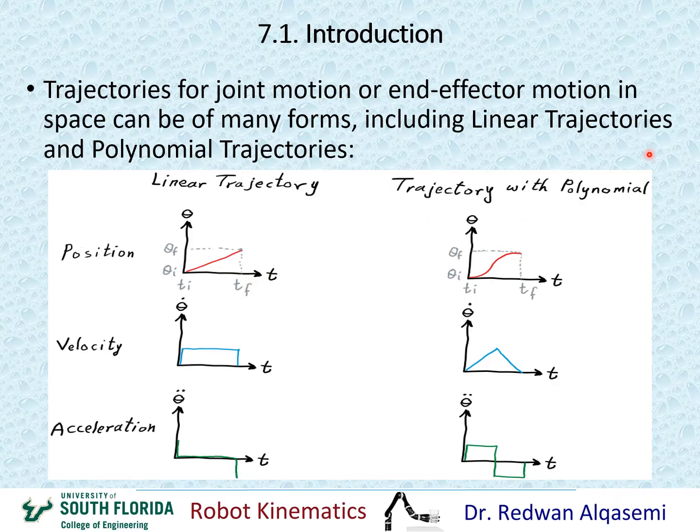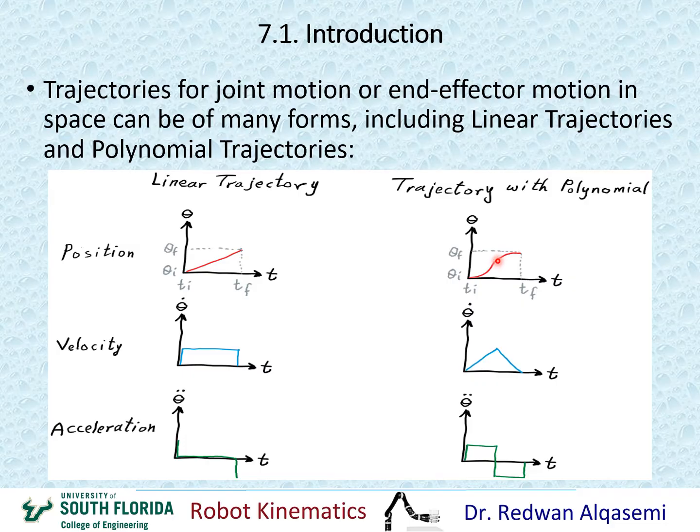Now, the other kind of trajectory that we're going to cover here is the trajectory with polynomial. So instead of having a linear profile for the joint motion, we have a polynomial profile, as you can see here. We start at initial theta, let's assume it's 0, and then we gradually start speeding up to whatever maximum velocity that we want, which is right here in the middle of that time period.